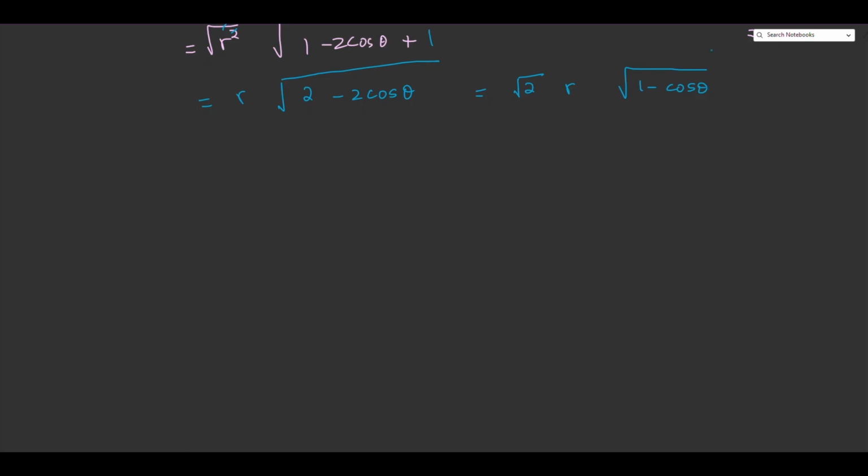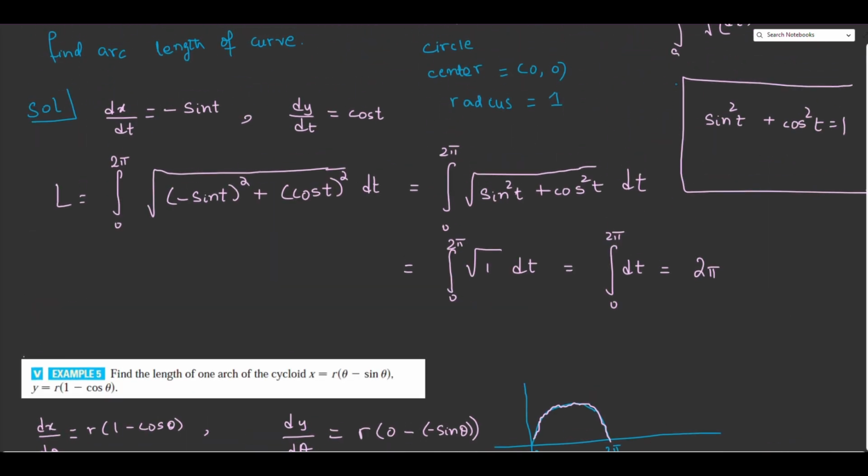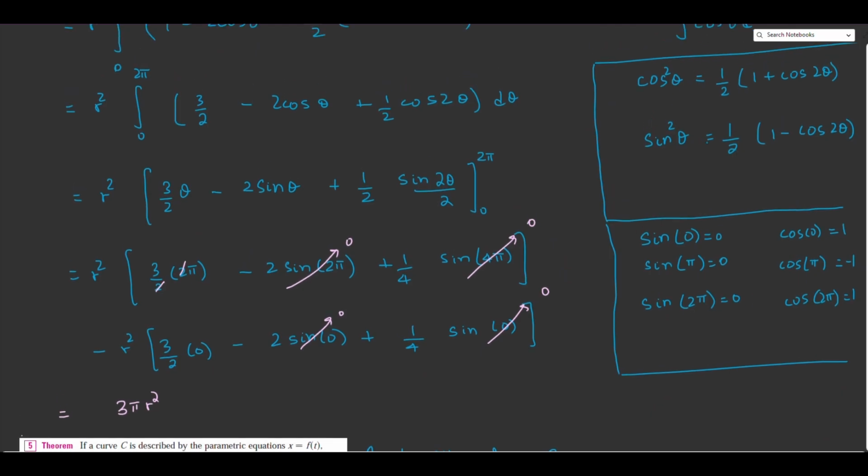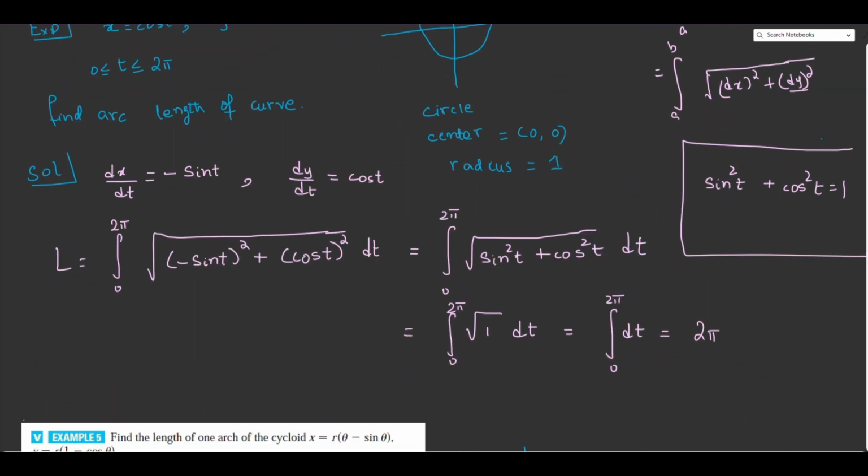In order to remove this square root, we have to use the trigonometric identity which we have discussed above. These are the trigonometric identities: sine square theta equals half of 1 minus cosine of 2 theta.